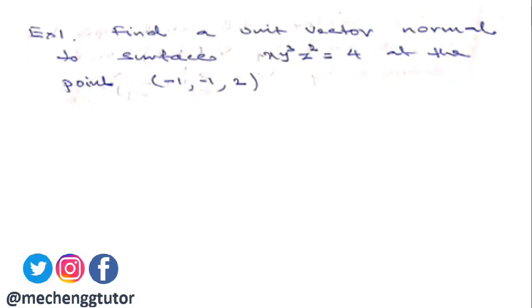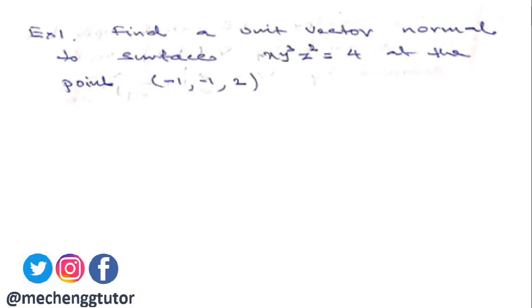Then calculate del phi at the given point. Then from the given direction, calculate the unit vector, and in the final step, the directional derivative is the dot product of del phi and n cap. I will illustrate in the following example.